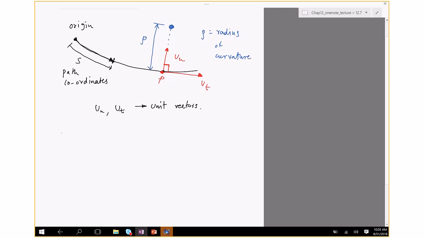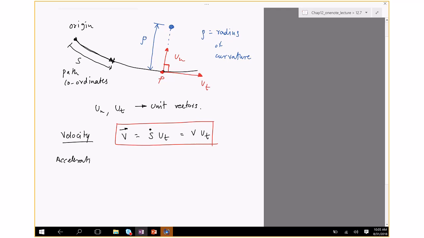Start off with velocity. Velocity is given by, if you're given the parameter s, then it's simply s dot UT, or some people just like to put v times UT. Acceleration is obtained by taking the derivative of velocity with respect to time.